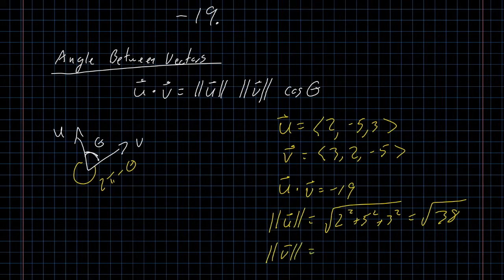And the magnitude of v is going to be the square root of 3 squared plus 2 squared plus 5 squared, which is also 38.